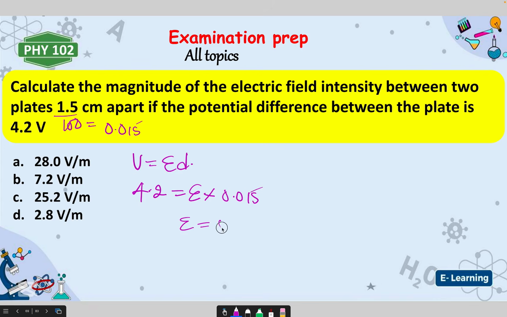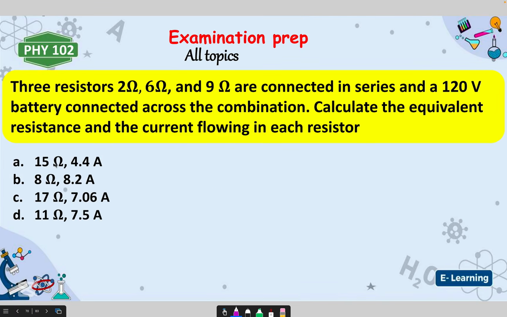So our E will be 4.2 divided by 0.015. Do that in your calculator. That gives 280 volts per meter. One of them might actually be wrong, either the option or maybe this one is 15 centimeter. But at the end of the day, you will get something like 280 depending on how the equation comes. Is that okay?